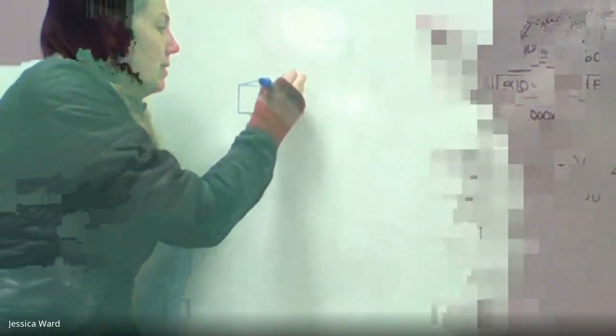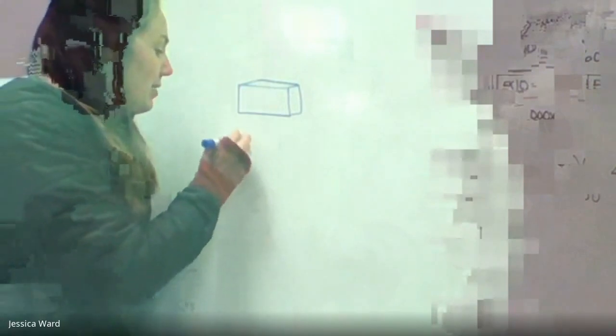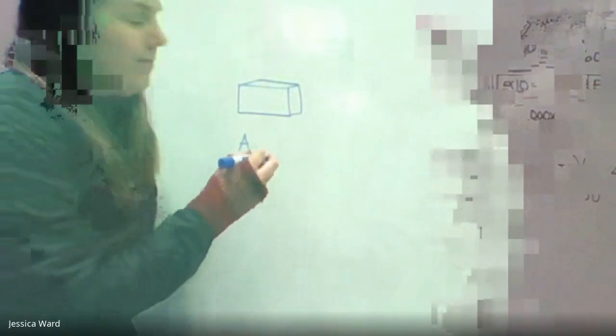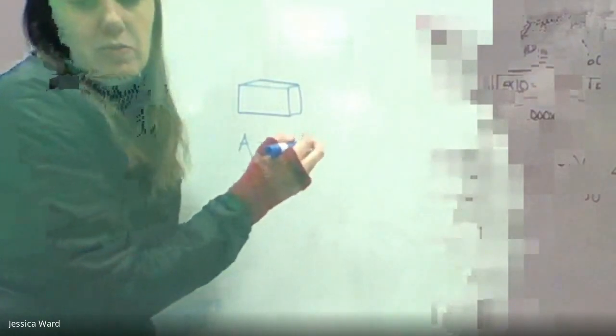Number 7 says the base of a storage bin has an area of 504 square inches. So the base of a storage bin, this is our storage bin, and we're going to say that the square base has an area of 504 square inches.